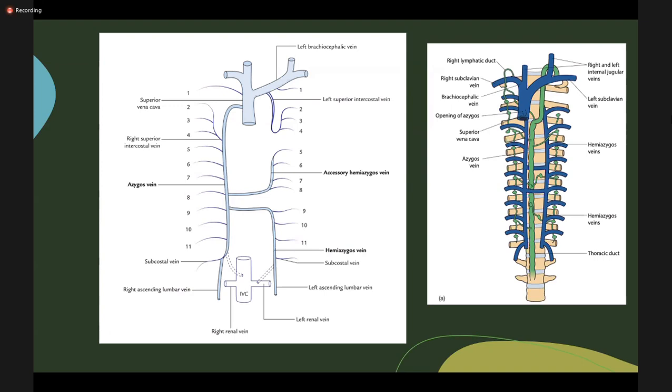And from the thoracic duct, it is being pushed back into the venous system. Where? On the left side. It starts its journey on the right side, a dilated part in the abdomen called cisterna chyli. And then you can see that it deviates to the left side, and the junction between the internal jugular vein and the brachiocephalic vein. That's the commonest site of entrance of my thoracic duct.